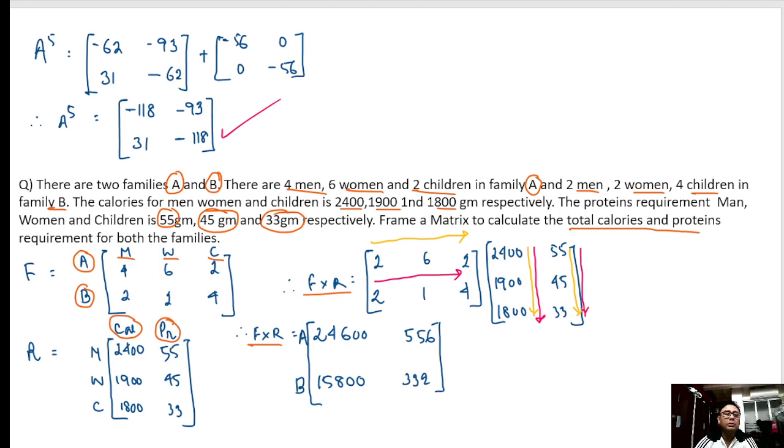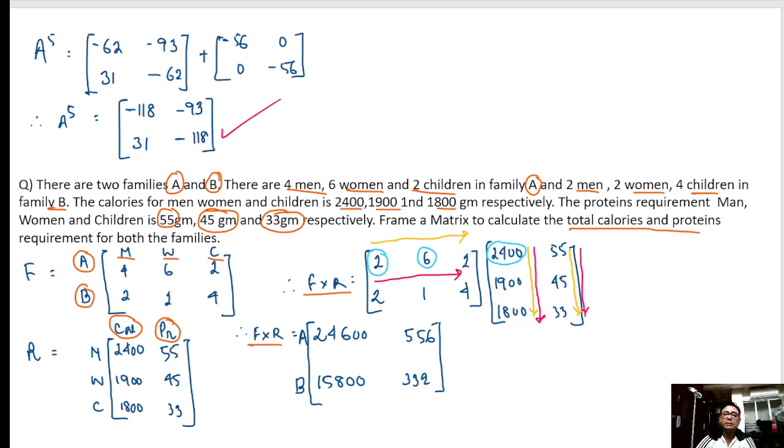Okay, as I told you how to multiply, already I have shown you. So first we will take what? 2 into 2400 plus 6 into 1900 plus 2 into 1800, and this we will get this.